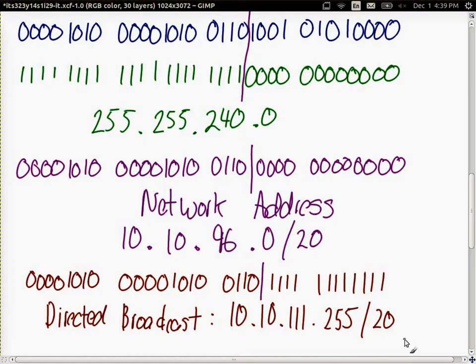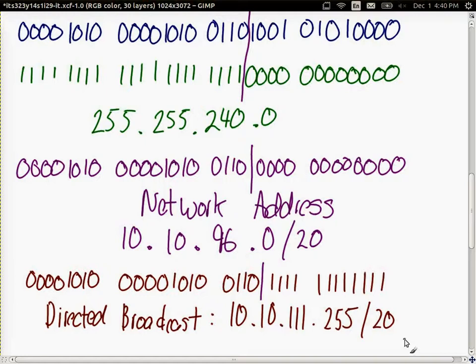So if someone wants to send, in theory, to everyone on the same wireless LAN that I'm currently connected to, someone out on the internet would create an IP datagram and set the destination address to be 10.10.111.255. And in theory, it would be sent to everyone on the same Wi-Fi as I'm on, your laptop and so on. In practice, for two reasons, that's generally not possible: security reasons and also some special filtering to translate addresses.